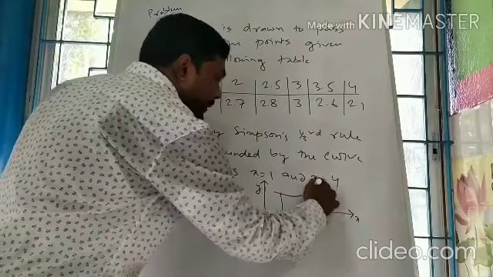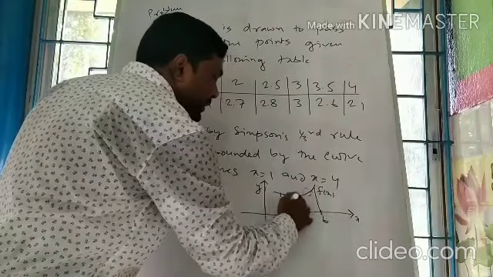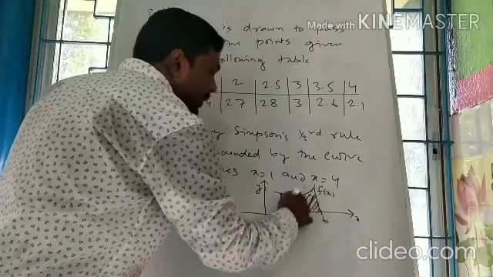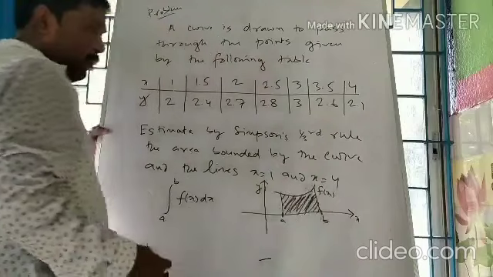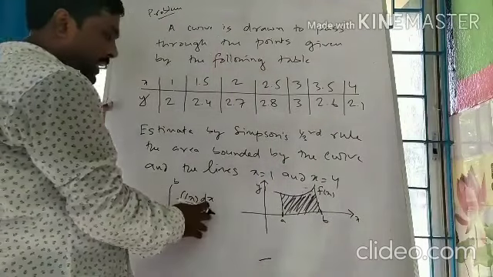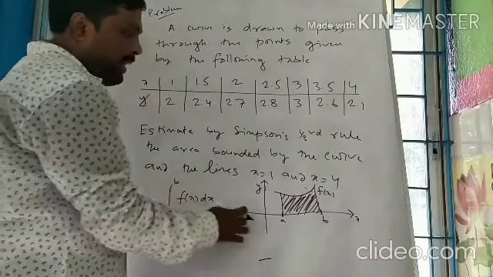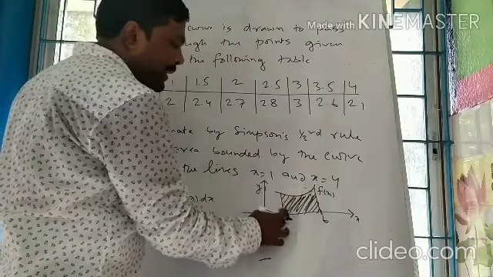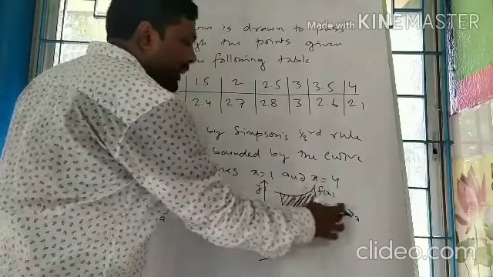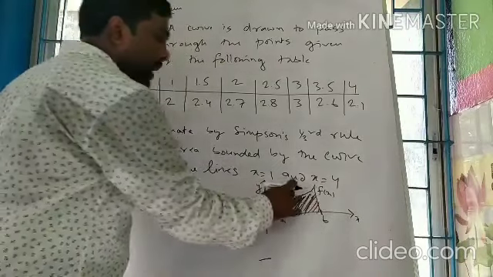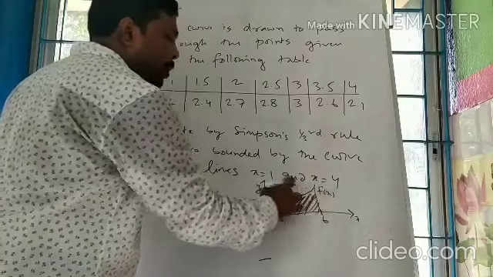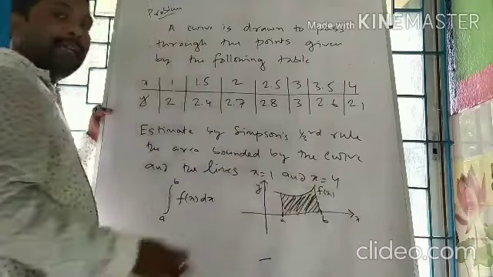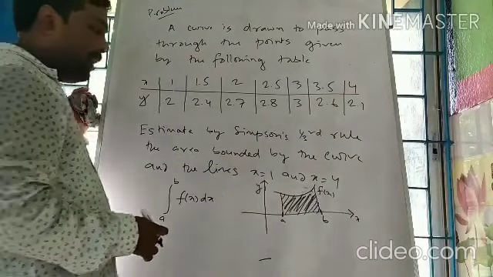Integration a to b f(x) dx is the area bounded by the curve y equals f(x), the straight line x equals a, the straight line x equals b and the x axis. So we have to find this area using Simpson's 1/3 rule of integration.